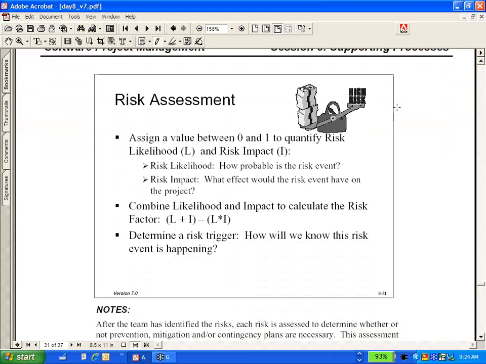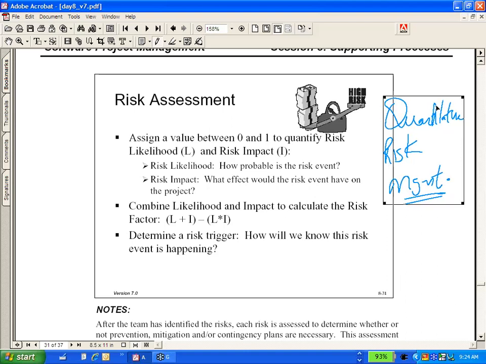This is called quantitative risk management. What this means is that sometimes people will ask you, have you done risk management? Yes. Tell me about it. You tell about risk management.